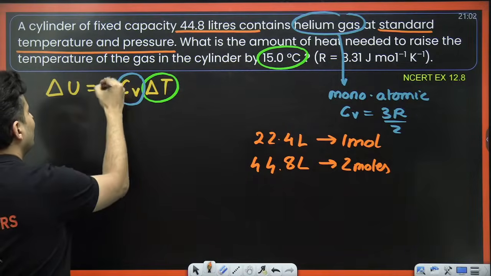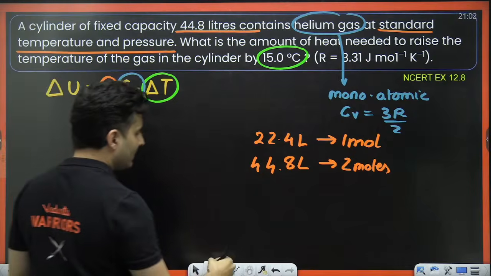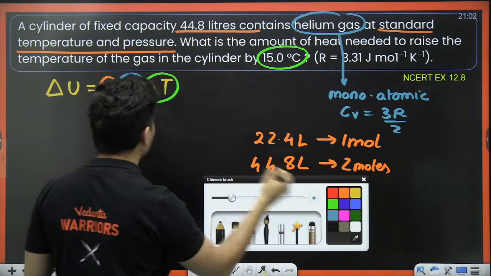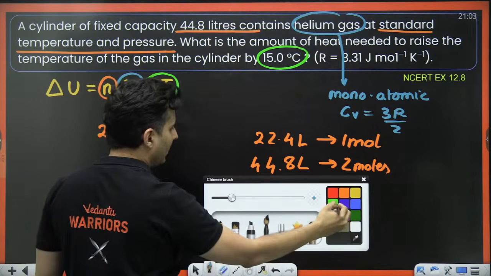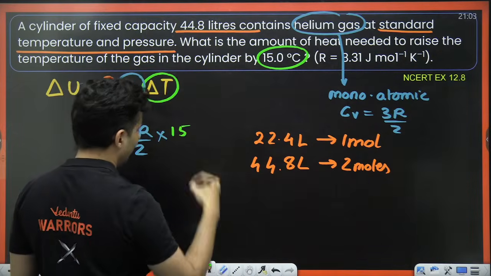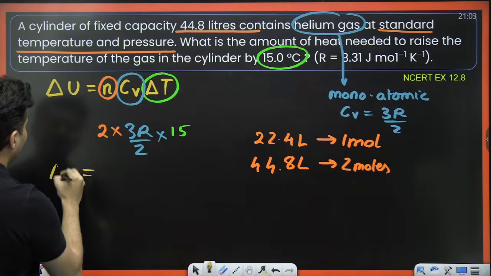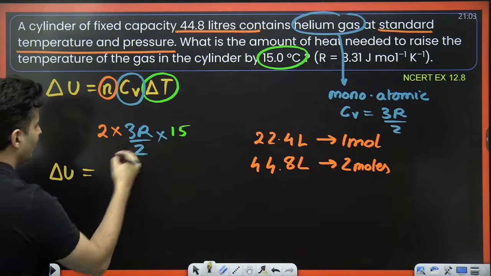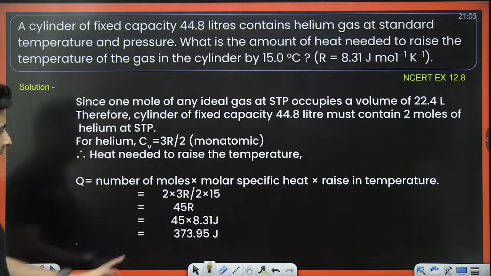So I got to know the value of n also. This is nothing but 2. CV is 3R by 2, and delta T is nothing but 15. Great. So we get the value of delta U as: 2 cancels, 15 3s are 45. So 45R should be the answer.